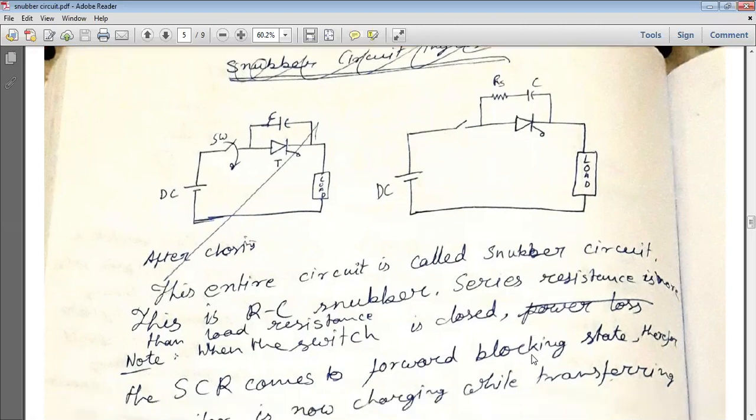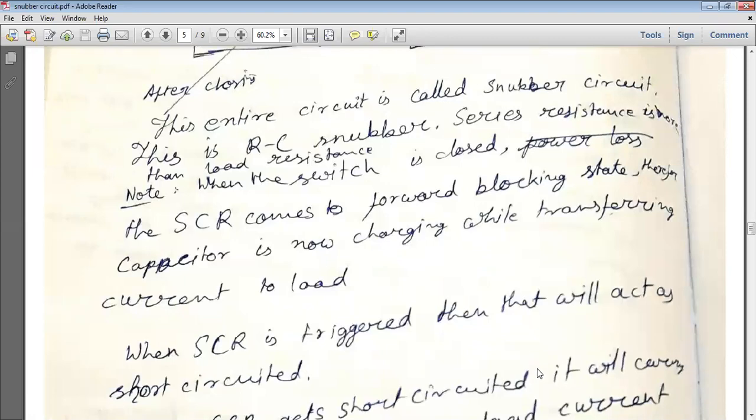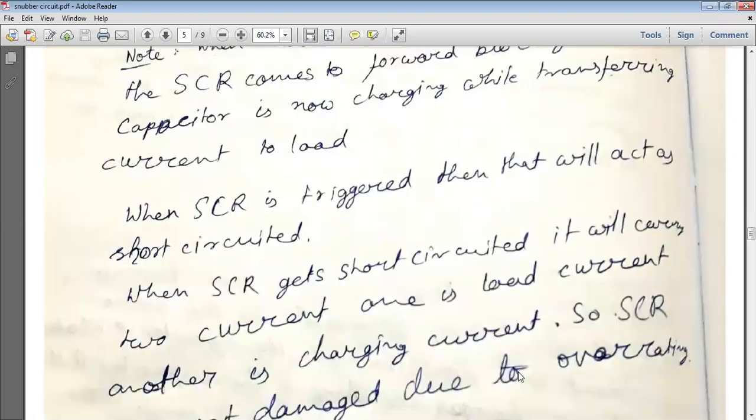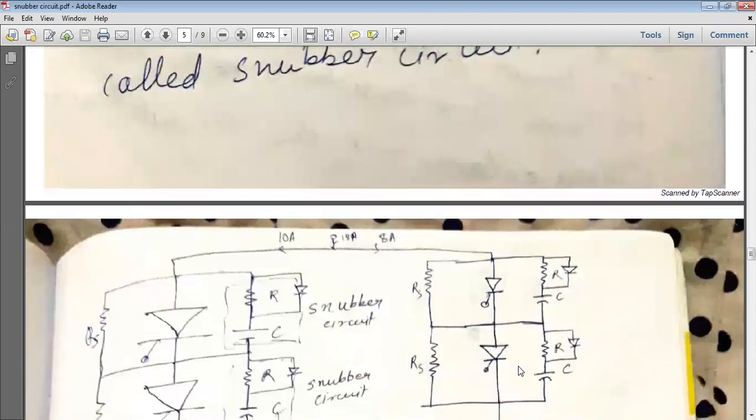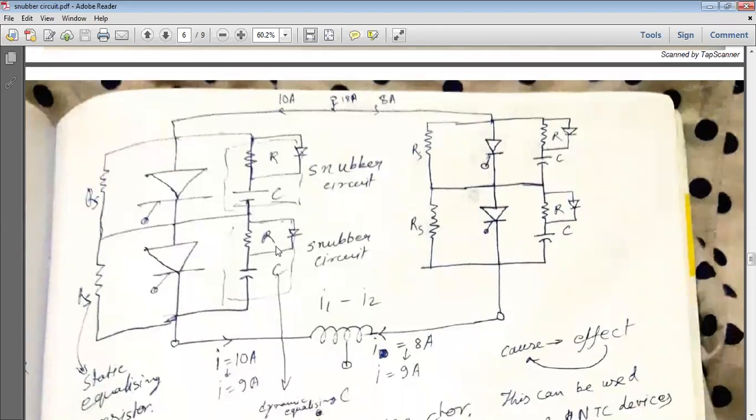Now the snubber circuit can be used in the case where thyristors are connected in series, and the series combination of thyristors is connected in parallel.